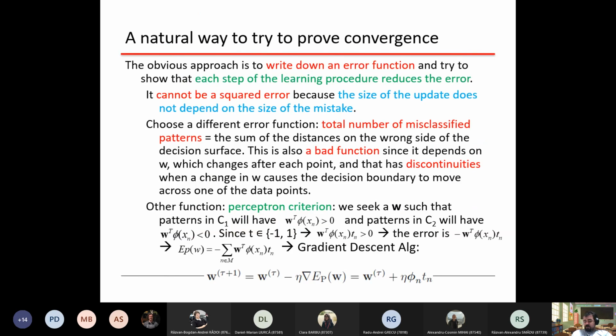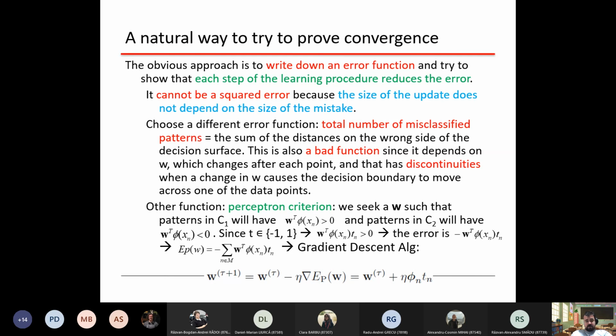So usually we write down an error function, and then we demonstrate that each step of the learning procedure reduces the error. Basically, for the perceptron we cannot use a squared error because the size of the updates doesn't depend on the size of the mistake. So we cannot use squared error.